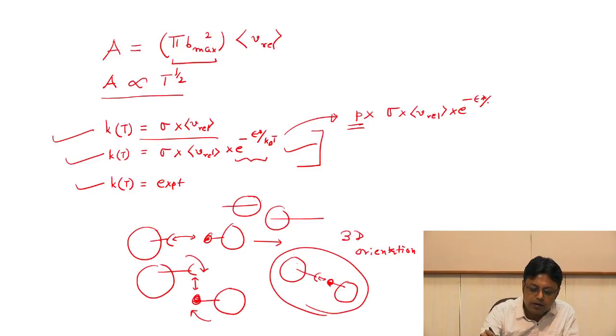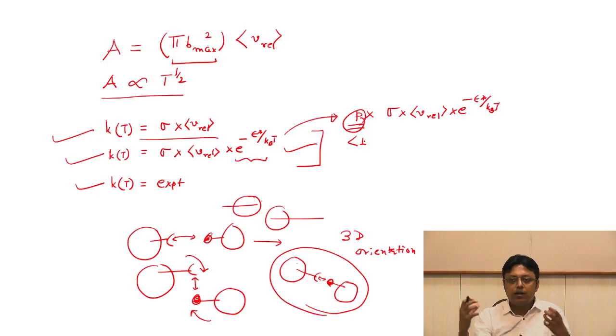This probability factor will always be less than 1. If the molecules actually behave like hard spheres, then this probability factor is equal to 1, and whatever we just derived, that expression is perfect.